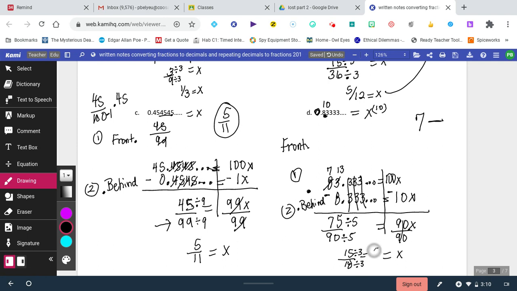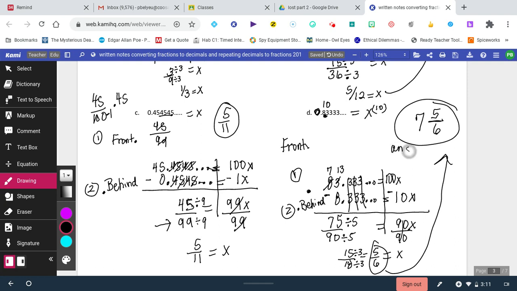So that's going to end up being 5/6. So I take this 5/6 and put it right here. So it's 7 and 5/6. That's your answer. Remember, that was a 7 as a whole number, so you can't forget that, okay?